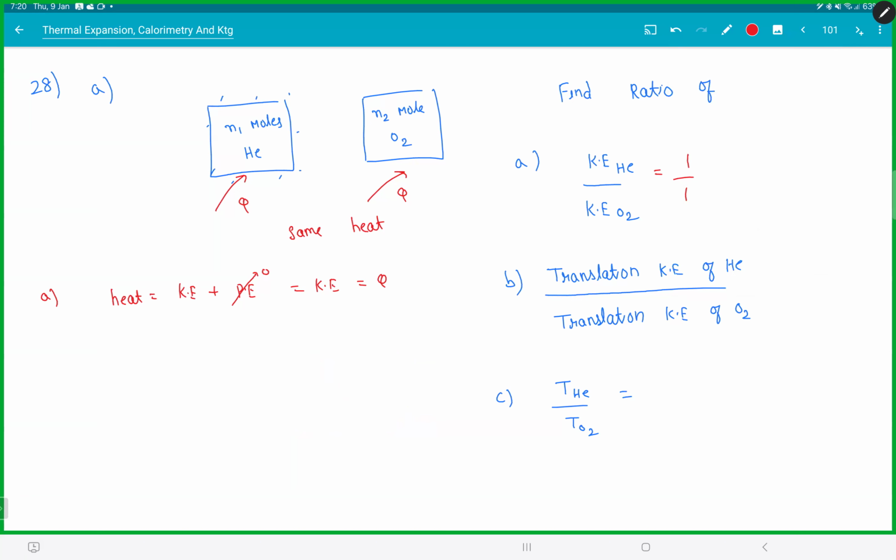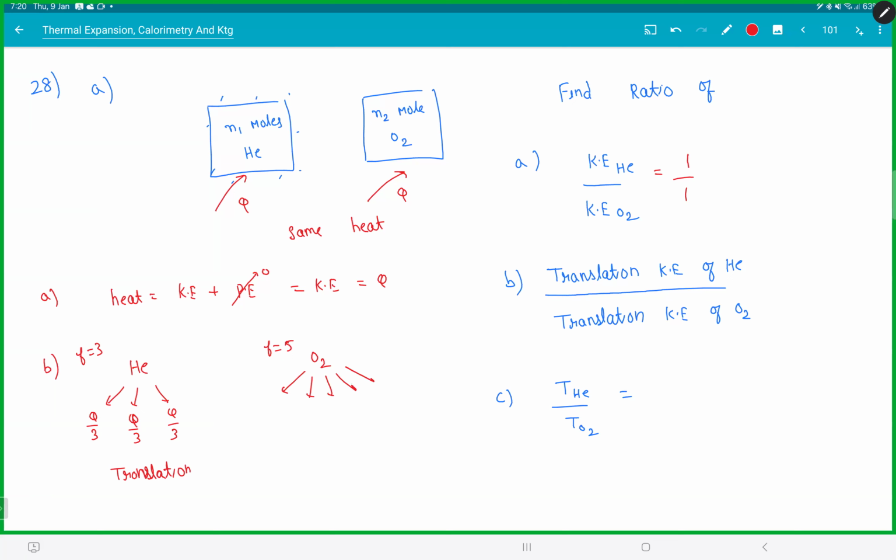What happens is this. For helium, F is equal to 3. So whatever energy you give will distribute only among 3 people, Q by 3, Q by 3, and Q by 3. So basically it's all translation. Whereas if you look at oxygen, it has 5 degrees of freedom.